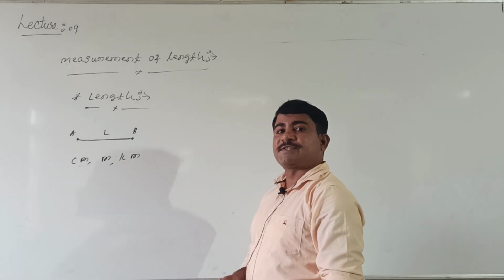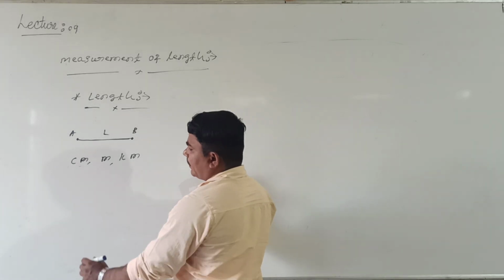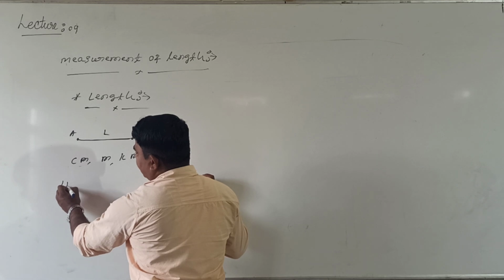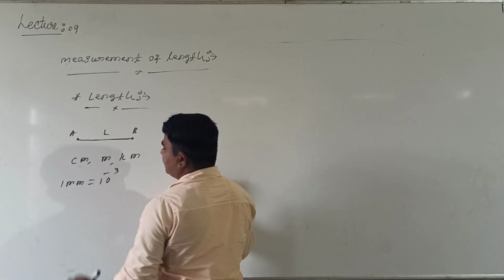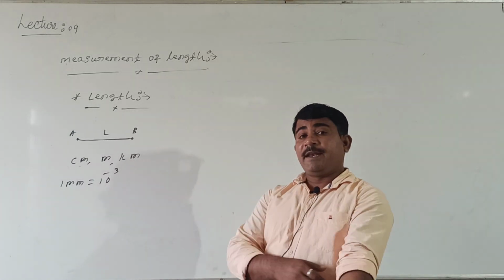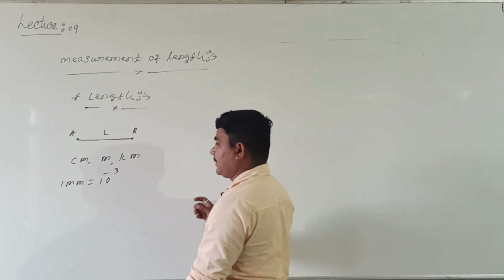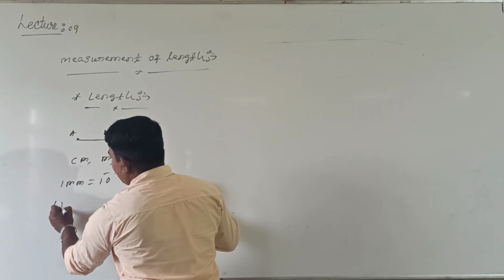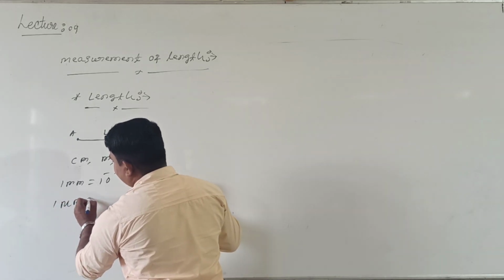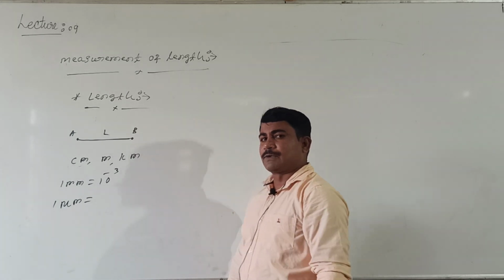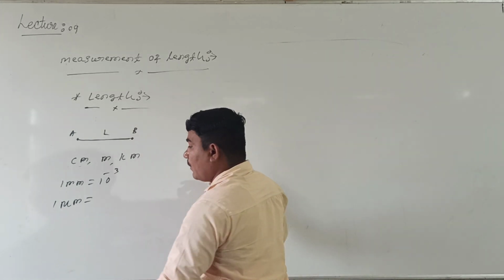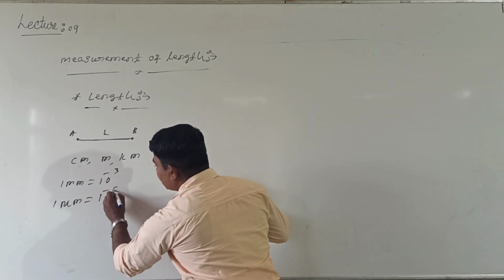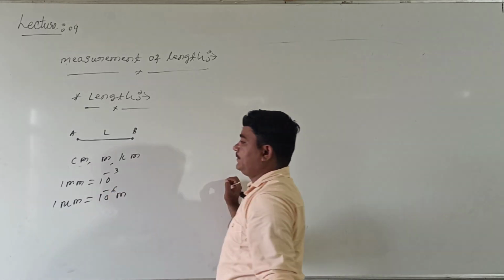The smaller units of length, shall I write? 1 millimeter means 10 raised to minus 3 meter. Next, 1 micrometer. This symbol is micro. 1 micrometer means 10 raised to minus 6 meter.